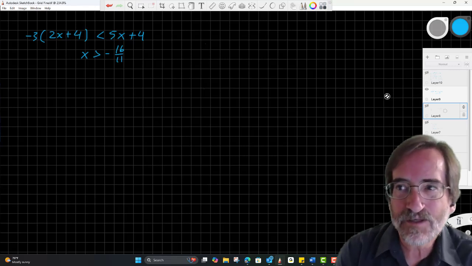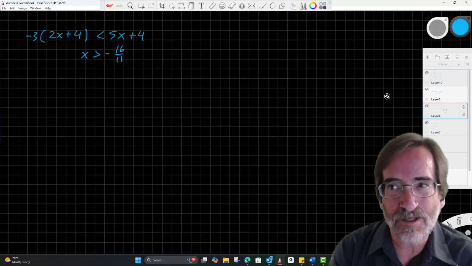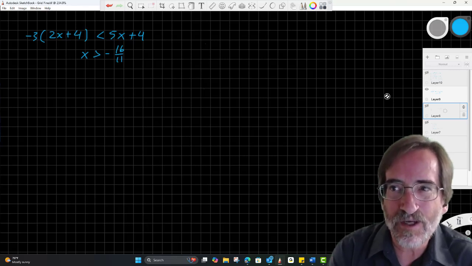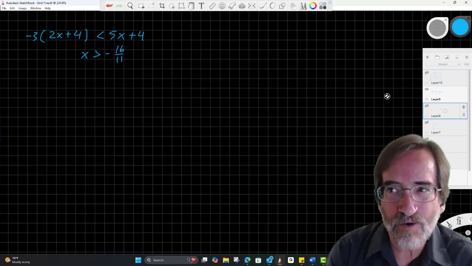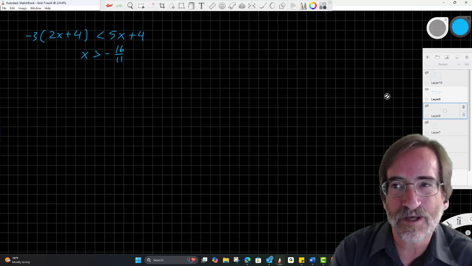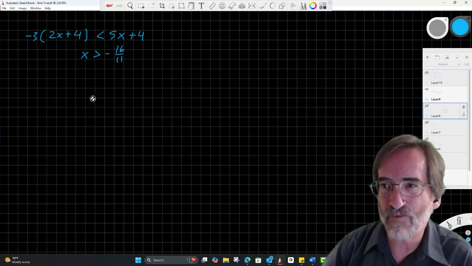We can talk about solution sets for inequalities. Now, one of the things I do note in this lesson, it doesn't teach you how to solve inequalities. So in this example, negative 3 times the quantity 2x plus 4 is less than 5x plus 4. The solution to that is x is greater than negative 16/11. Really all it's going to ask you to do in this lesson is to rewrite that as a solution set. And here's the way we write it.